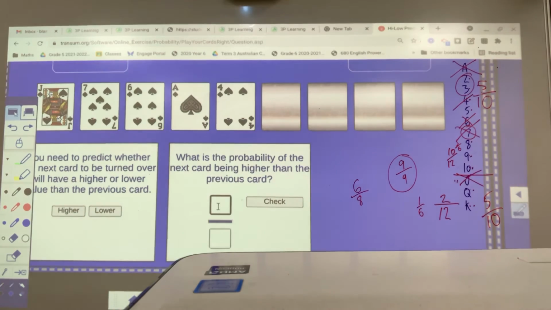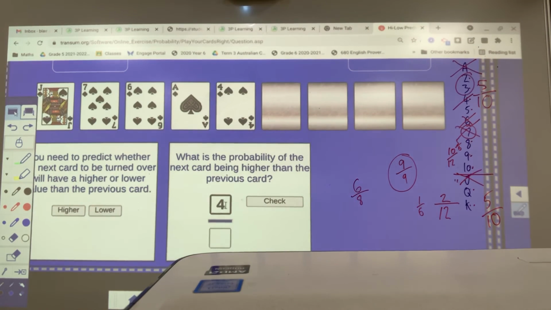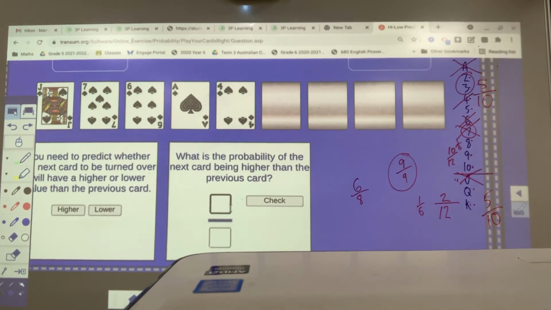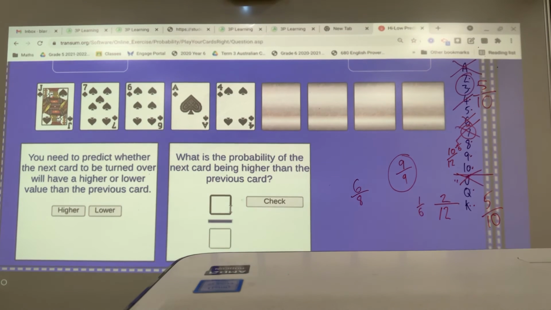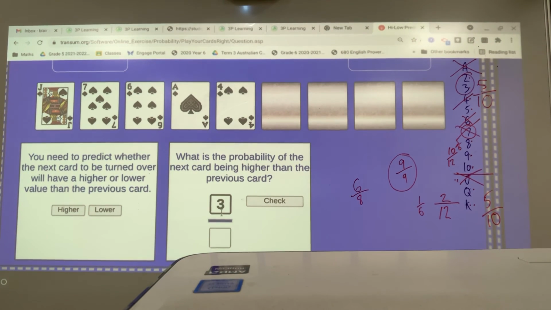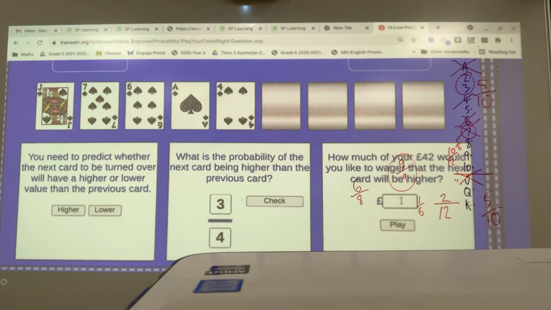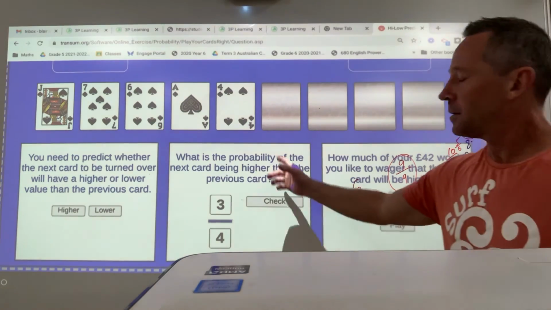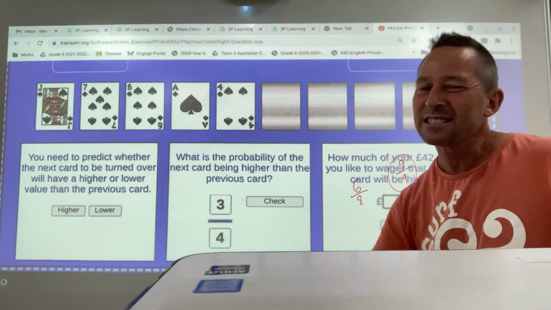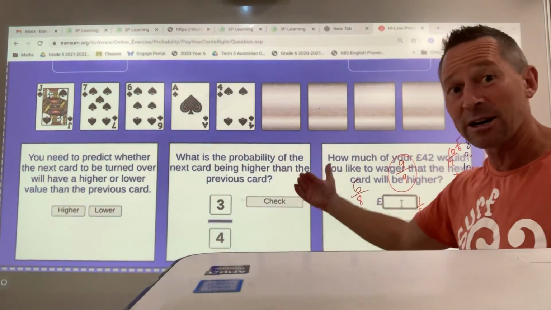So let's put 4/5. No, that's a lie. What did I say? I've forgotten. 6/8, which is 3/4. 75% chance. I'll give it a try. Check. 3/4. It's a good chance that it's going to be higher.